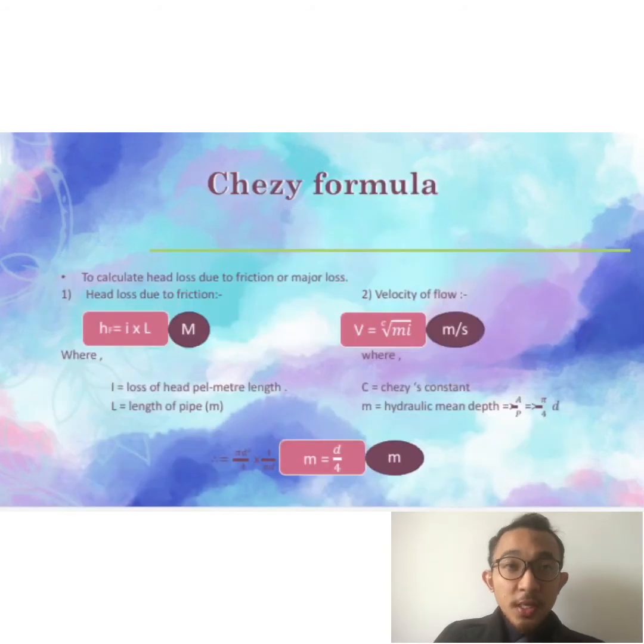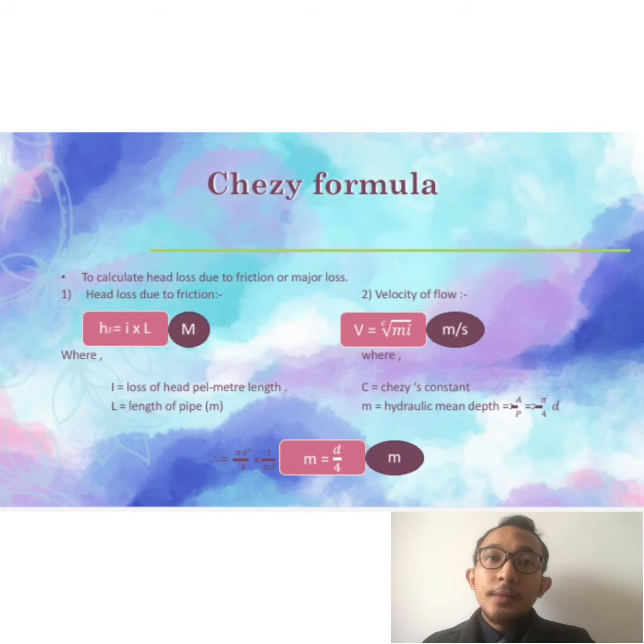The Chezy formula calculates head loss due to friction, or major loss. In number 1, head loss due to friction. For the formula, HF equals i multiplied by L, where i is the loss of head per meter length and L is the length of the pipe.